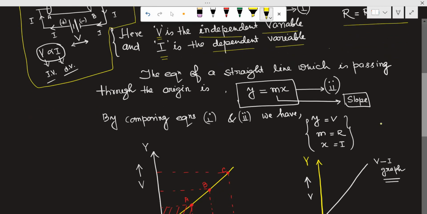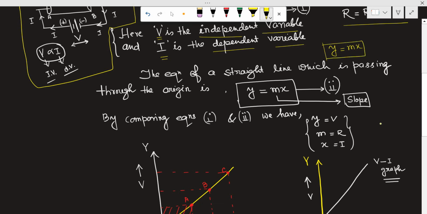The normal equation of a straight line is y equal to mx plus c, but when it passes through the origin, then c becomes 0. So that's why the equation becomes y equal to mx.